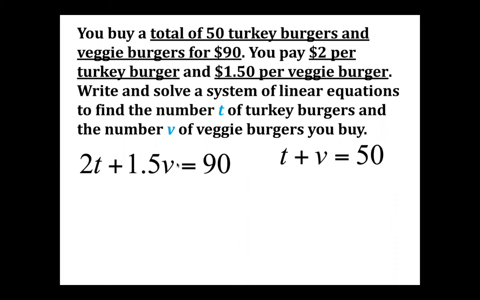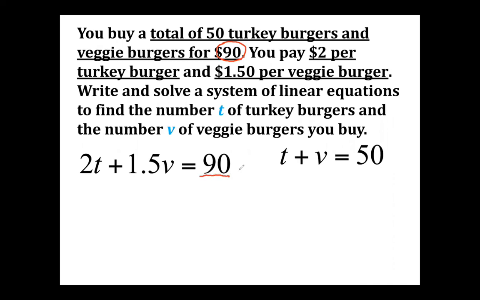The second one I did was about the price. So looking at this information, we have one about the number of burgers we bought, and the other information we were given is about the price that we paid and how much each burger cost. So we know that the total was $90, so I'm going to set the other equation to 90.